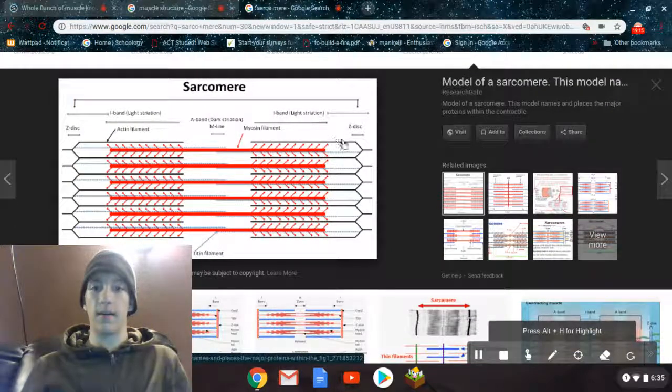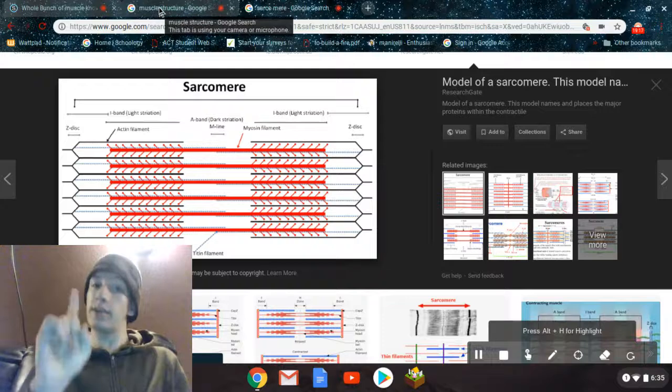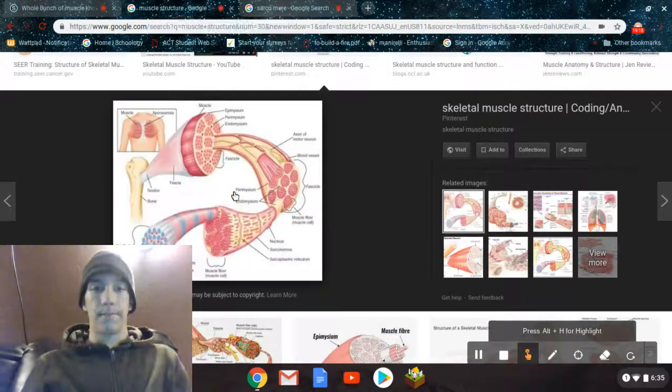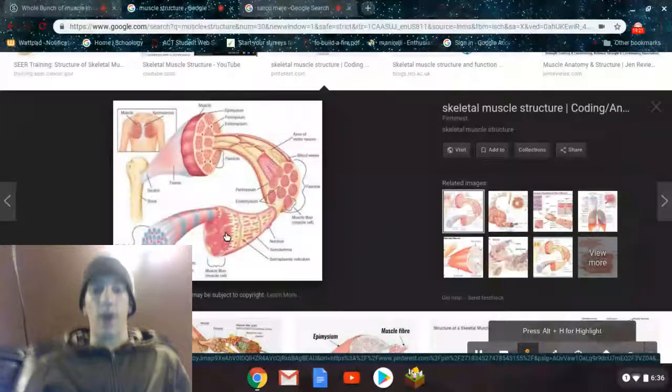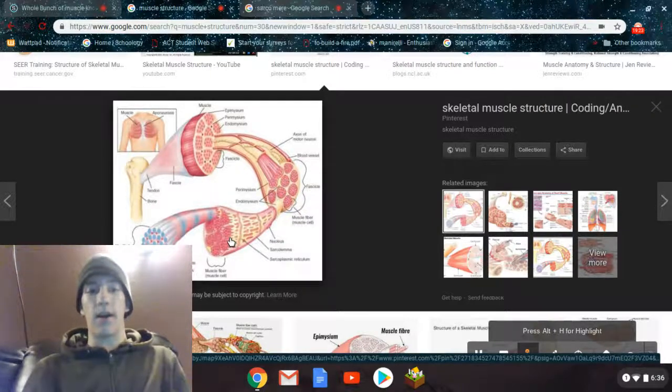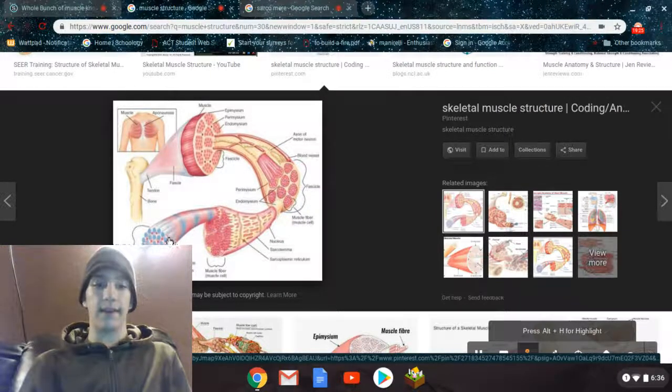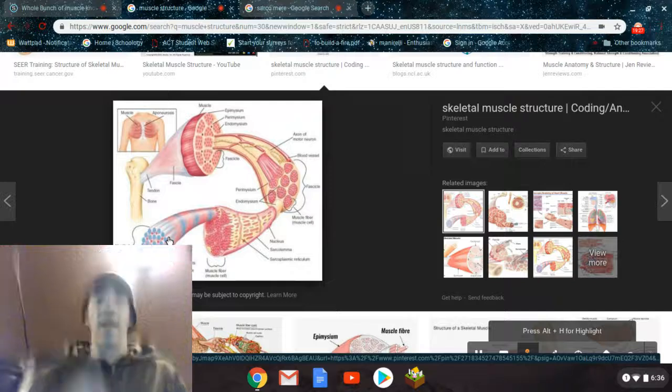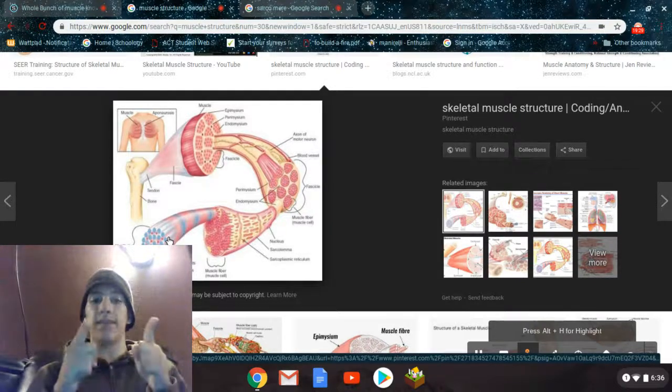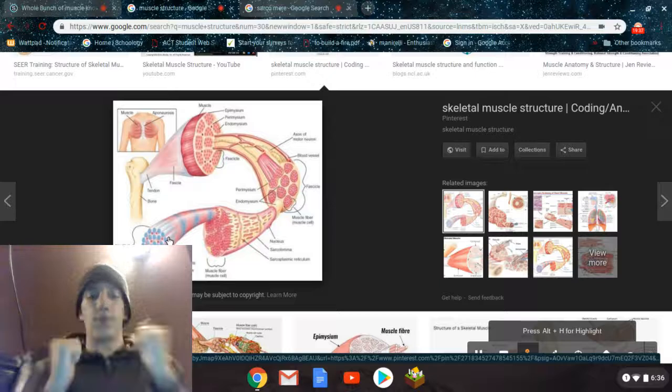From here to here is one sarcomere. And then in these sarcomeres are bunches of all these myofibrils. And this is what gives muscles their ability to change shape and their elasticity and their awesomeness and what makes them so useful.